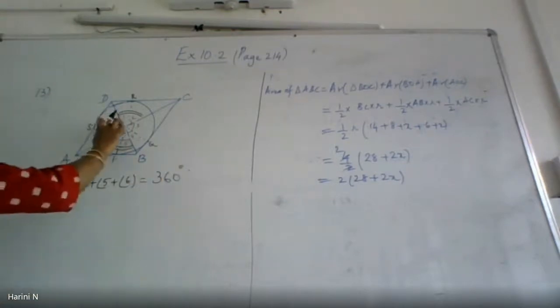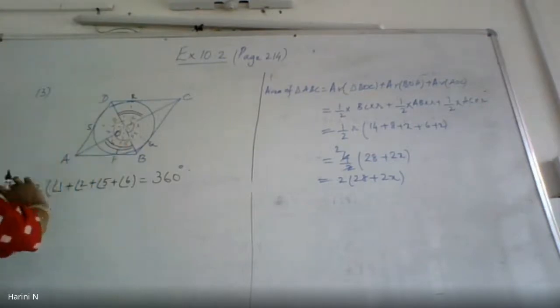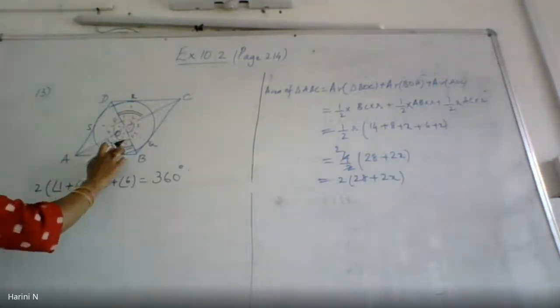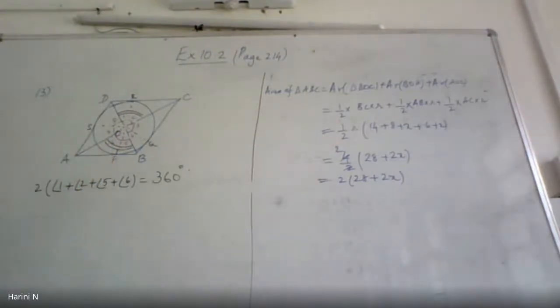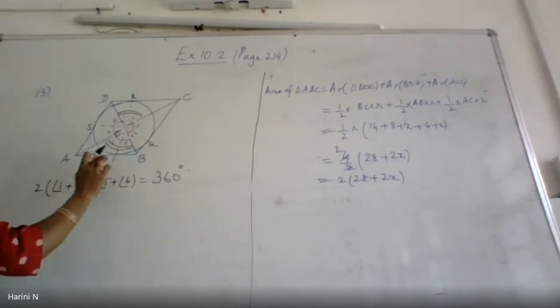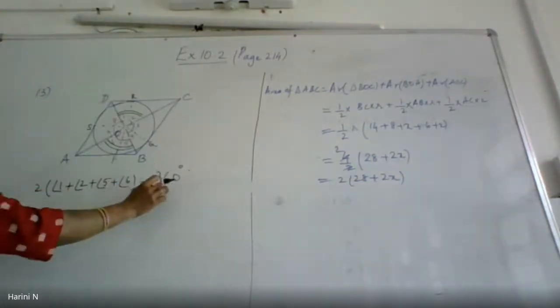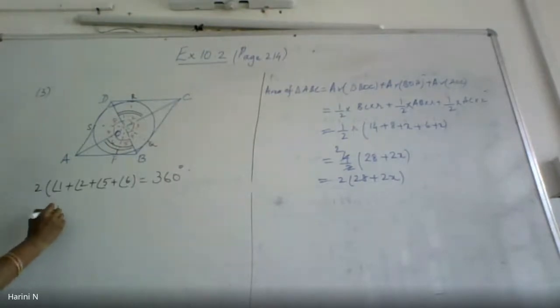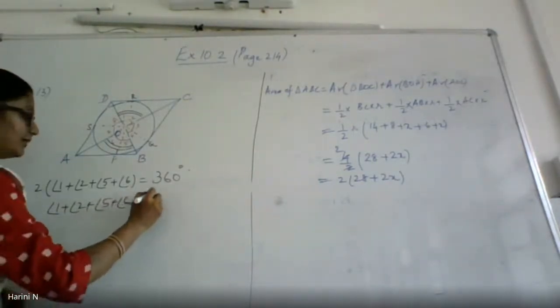Correct? Because 2 times angle 1 is 1 plus 8, 2 times angle 2 is 2 plus 3, 2 times angle 5 is 5 plus 6, 2 times angle 6 is 6 plus 7. Alright? 2 times angle 5 is 4 plus 5. 2 times angle 6 means it is 7 plus 6. So when we add all these, we know it is 360. So I can tell angle 1 plus angle 2 plus angle 5 plus angle 6 will be 180 degrees.